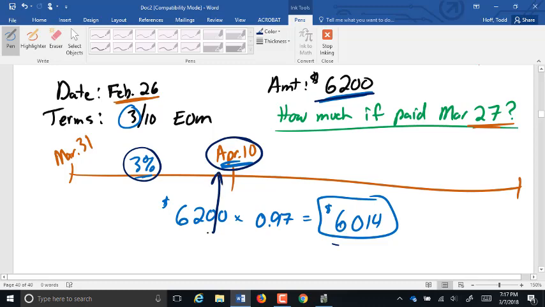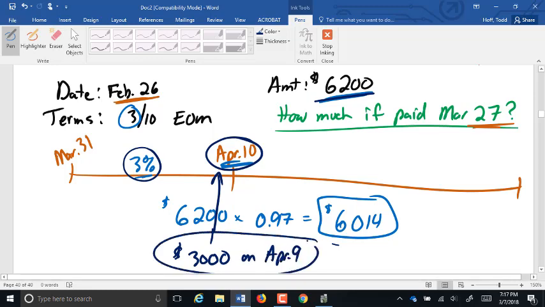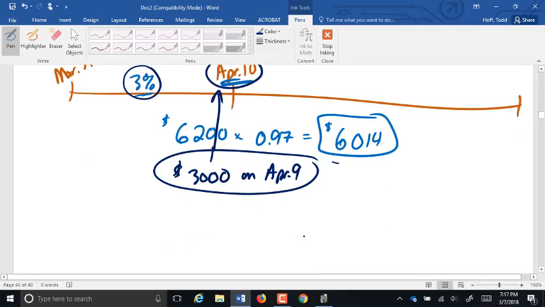Let's say we pay $3,000 on April 9th instead of paying the full amount. Do we still get credit for the cash discount? And a lot of people say, no, it's all or none. Well, in the real world, you get credit for what's called a partial payment.